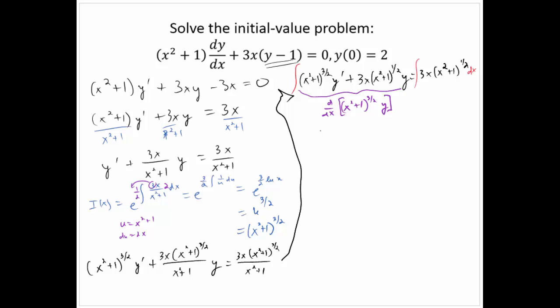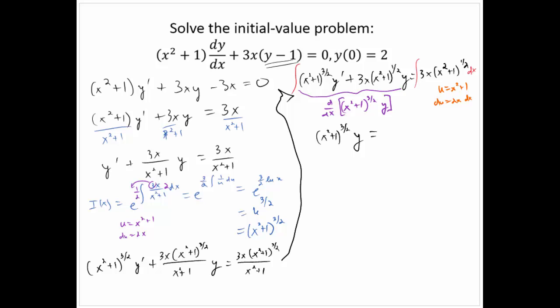So then I would have x squared plus 1 to the 3/2 times y. Now on the right-hand side, this looks like a substitution. If I let u equal x squared plus 1 and du equals 2x dx, then I would need a 2 on the inside, and I can bring a 3/2 on the outside.